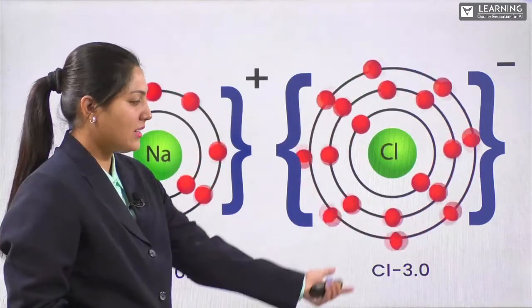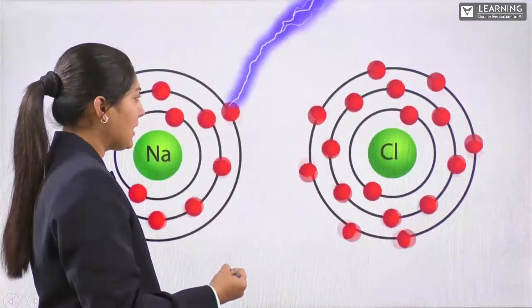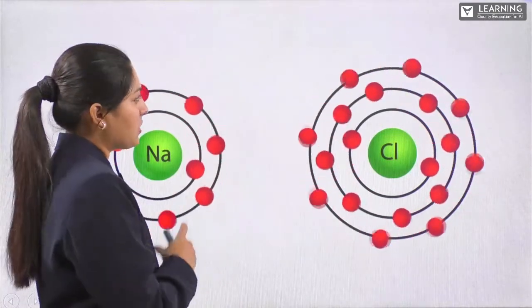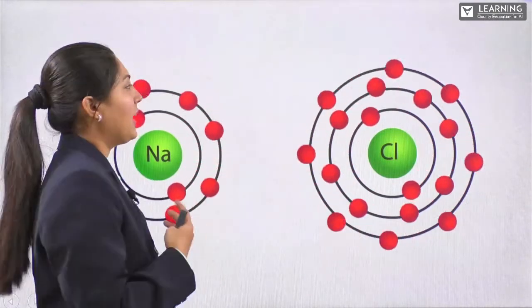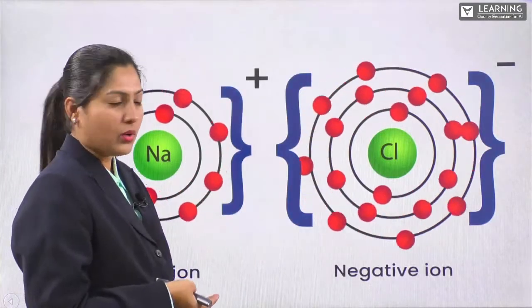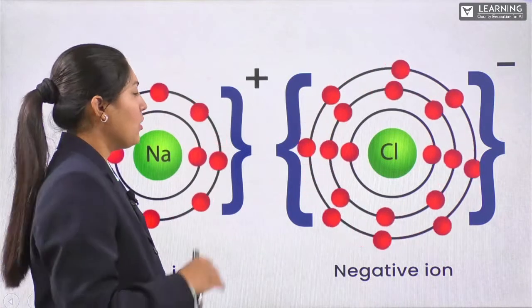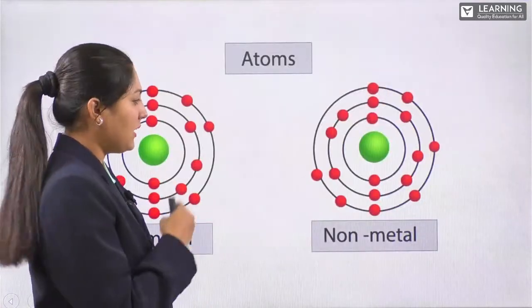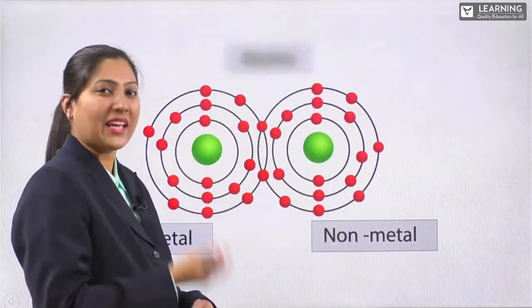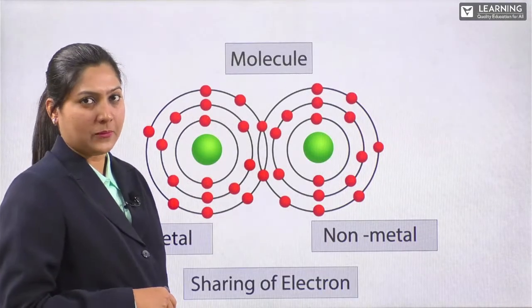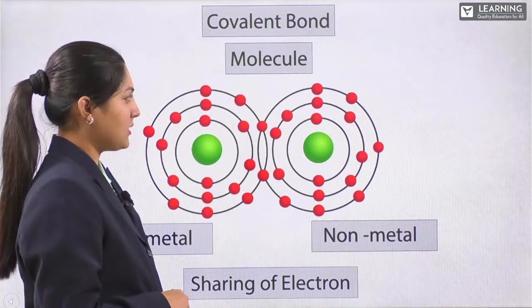One which is having higher electronegativity will gain the electron from the one which is having lower electronegativity and forms a positive and negative charge, and hence this is an ionic bond between metal and a non-metal. Whereas we have non-metal and non-metal which is combining by sharing of electrons, which leads to the covalent bond. Did you understand this, students?